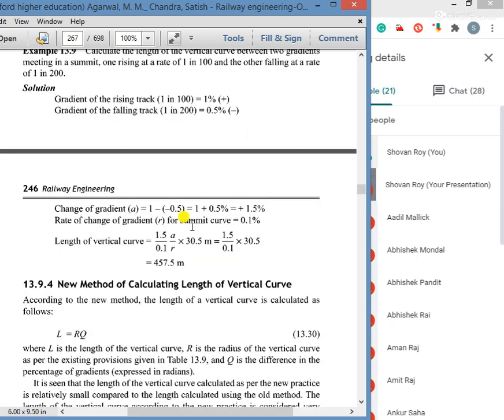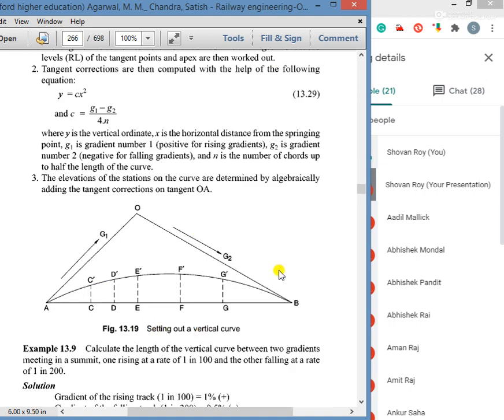First you see this figure, setting out a vertical curve. This O point is the intersection point which is mentioned in the question. This is our actual setup of the vertical curve.